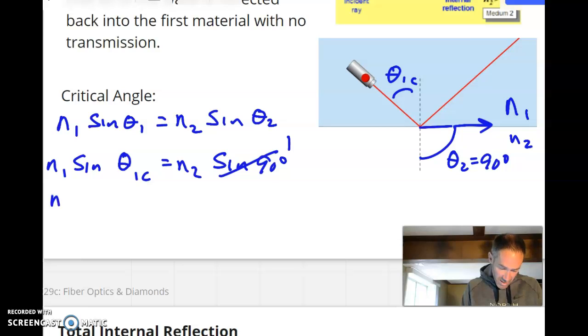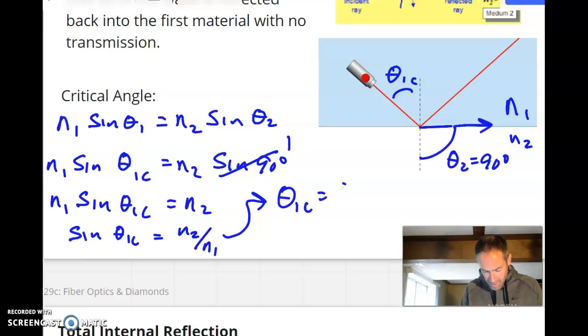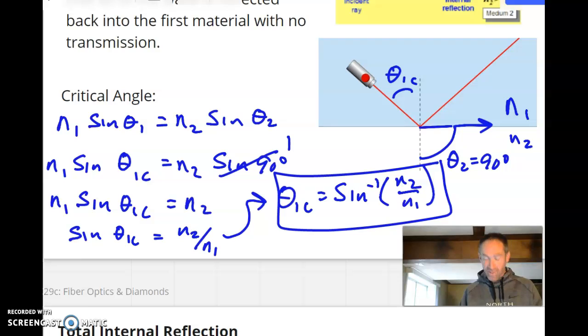So this is going to become N1 sine of theta 1 critical equals N2. And now how about I divide both sides by N1? Sine of theta 1 critical equals N2 over N1. And then I'll do an inverse sine of both sides, and I'll get theta 1 critical is equal to an inverse sine of N2 over N1. And that's a way for you to calculate that critical angle.